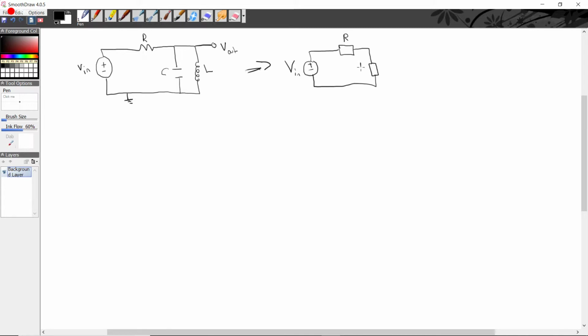So we're going to say that its impedance is now 1 over CS. And the inductor is also going to turn into one of these complex impedance boxes. And since we know that inductors increase impedance as frequency increases, we know that its impedance is Ls. And now we're looking for big V out.